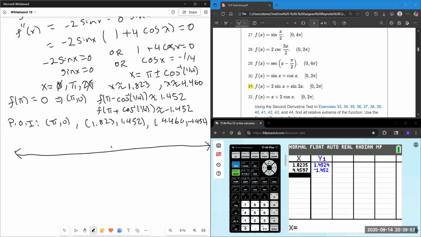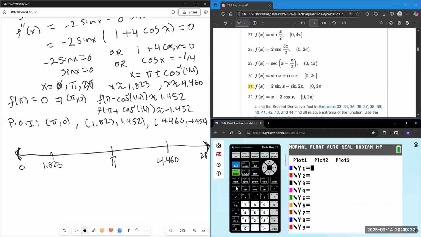So here's pi in the middle. Here's pi minus the arc cosine value, and here's pi plus the arc cosine value. And then this is 0 to 2 pi for my endpoints.